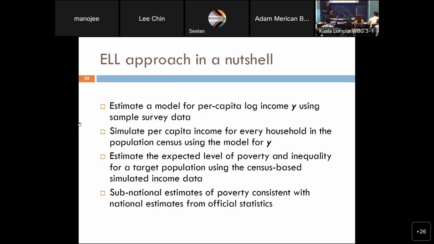A big chunk of this exercise is just making sure, because if you rush that job, it's going to have a huge impact on the quality of the result. You train your model in the survey, operating on the assumption that when you take that model to the census, the right and left sides are perfectly compatible between the two, right? So if you rush that and do a poor job, then your estimates will ultimately be of lower quality.